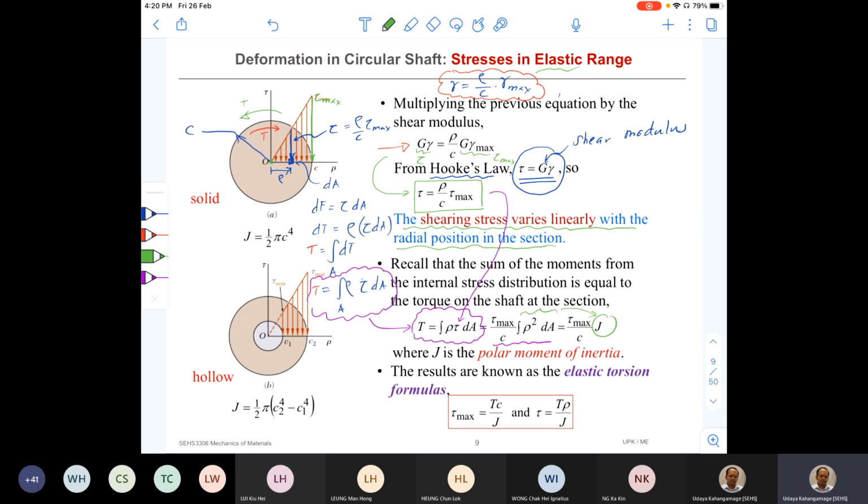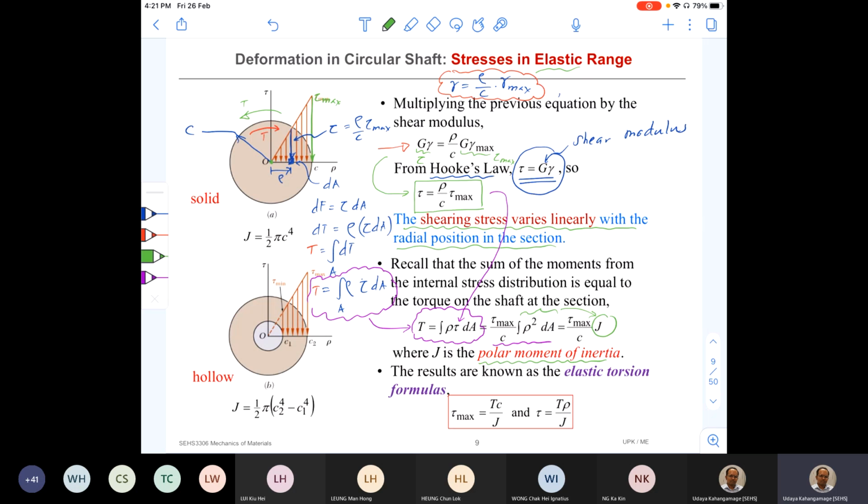So that is called the polar moment of inertia. This J is the polar moment of inertia. Maybe you have learned about polar moment of inertia in your previous courses. It is basically the resistance to deformation by the cross-sectional area. So this J depends on the geometry.